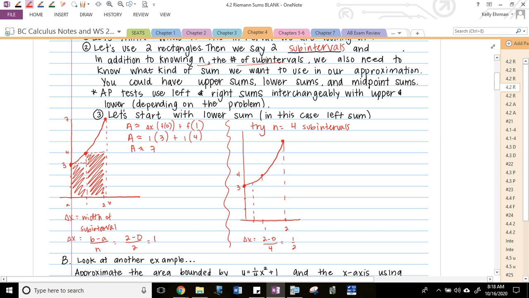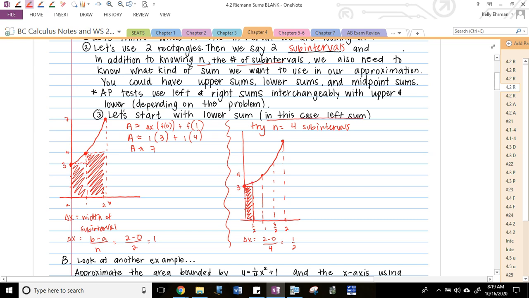Okay, so there, at 1/2, at 1, at, I spaced this out a little weird, at 3/2. And then we're doing a lower sum. In this case, it's a left sum, thinking the point on the rectangle connects to the left side of the interval and connects over here. So my first rectangle has a height of 3 and a width of 1/2.